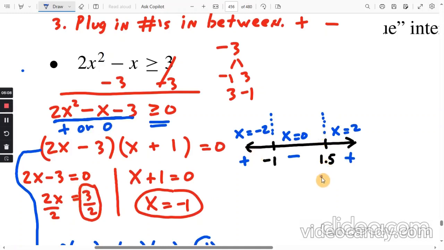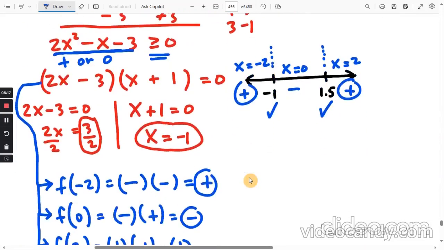The 1.5 is good, the negative 1 is good, and everything that's positive is also good. So everything greater than or equal to 1.5 would work, and everything less than or equal to negative 1 would work. If you go to the left, that goes to negative infinity, and if you go to the right, that goes to positive infinity.